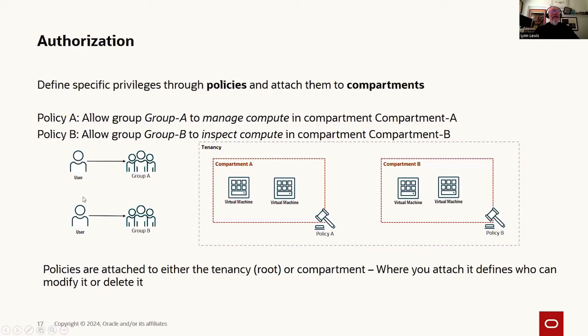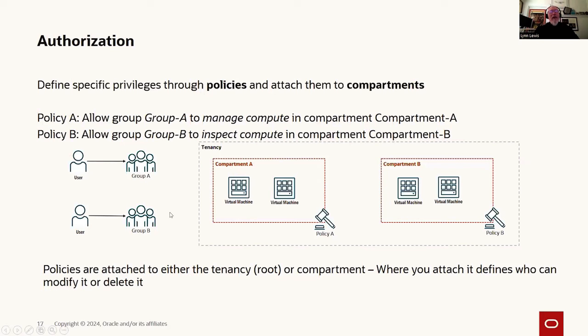So in this example, Olivia is part of group A. In this compartment, she has access to manage the compute, so she can start, stop, terminate, and create virtual machines, containers, Exadata machines. She can work with NVIDIA GPUs, anything that's involved in the compute realm, bare metal, for example.